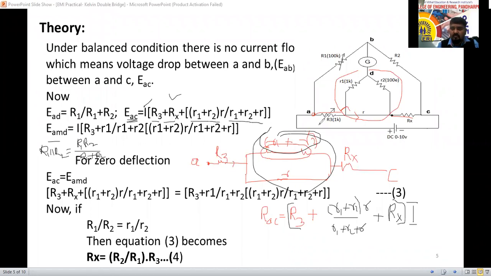Next, EAD, from here to here we have to find out. Based on that, R3 plus R1 divided by R1 plus R2, into the whole parallel equation we have to consider again, that is R1 plus R2 into R divided by R1 plus R2 plus R. Same parallel equation we have considered.